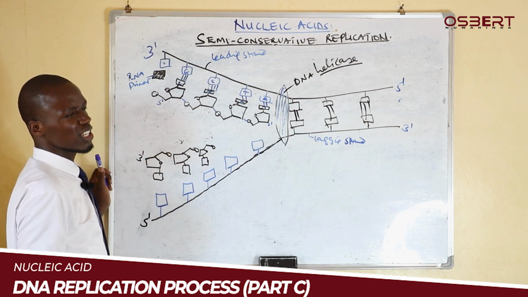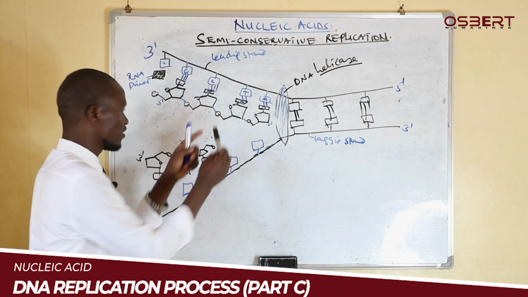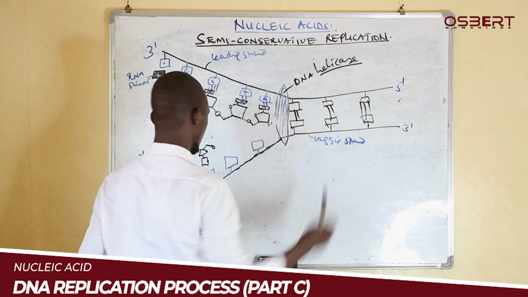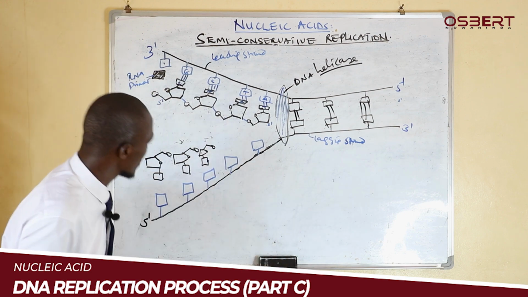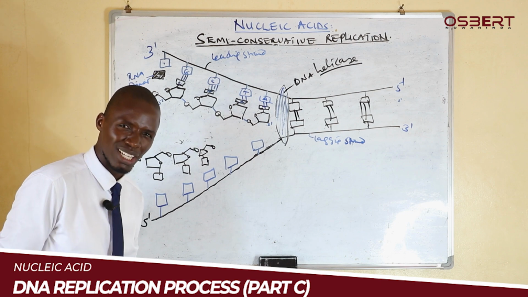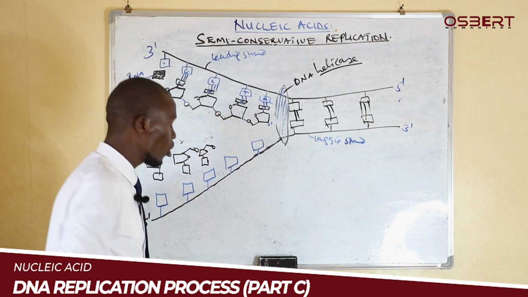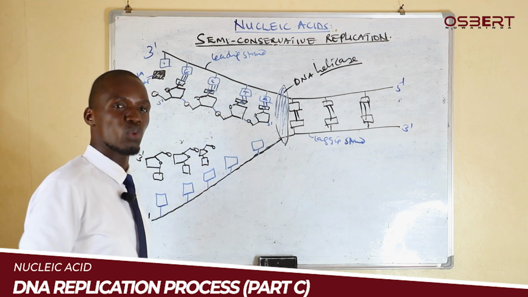So the question is, what happens here? We are seeing this one moving 3' to 5', but DNA polymerase moves in a 5' to 3' direction. So how does the polymerase go about that? It goes about it in this way.